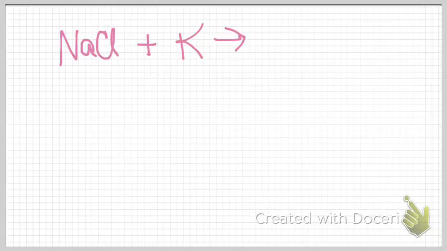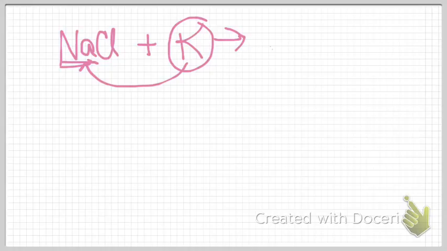What if you had some sodium chloride, good old sodium chloride, and you had some potassium? Would this reaction take place, yes or no? Well, potassium is second from the top on the activity series, and it's going to try to come in and kick out the sodium because it's in front. If this is a metal, then it's going to try to kick off the cation. And you can see that yes, it's way higher than the sodium. Sodium is like 4 or 5 down from potassium. So yes, this one's going to happen.